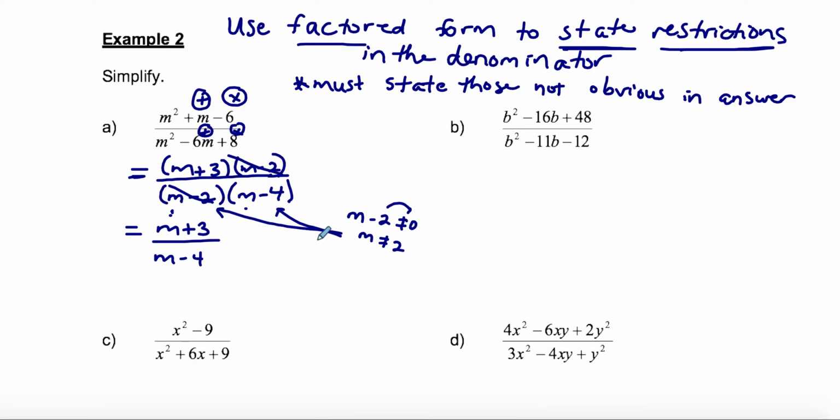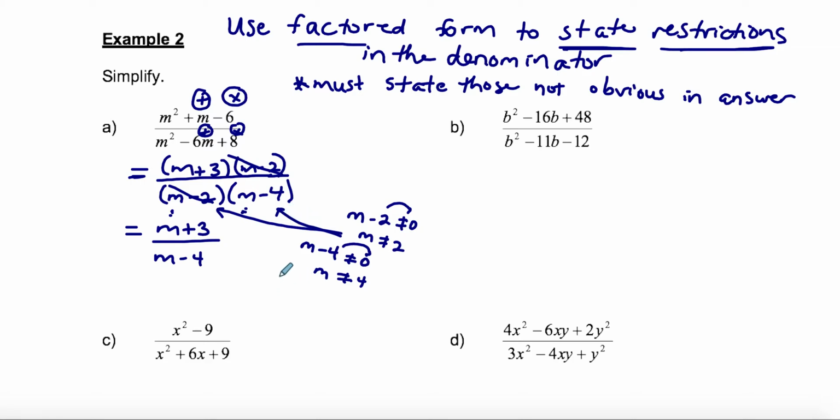That can't happen. As well, the m minus 4 cannot equal 0. That bracket can't equal 0 because anything times 0 is going to give me 0. So that means m can't equal 4 because I'm going to think about moving this -4 over. Imagine that the 4 was there. 4 minus 4 is 0, and that can't happen.